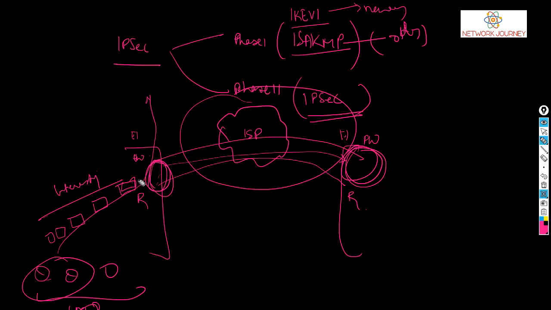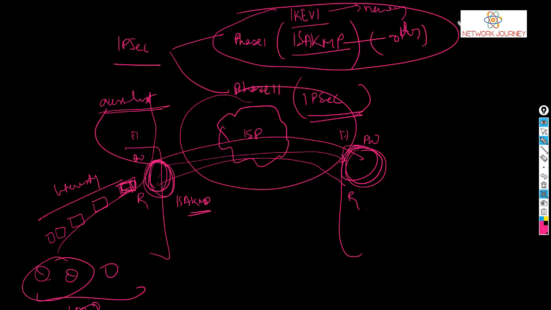The moment the first packet hits, there are some access lists that we create. As soon as a packet contains one of the matching parameters of the access list, it will initiate the process. So first the ISAKMP process will initiate, that is this phase.